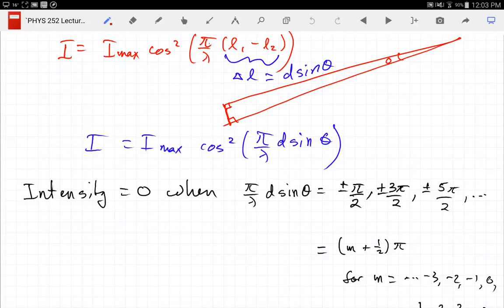I would need to find when cosine squared is a maximum. So what angles give you a maximum for cosine squared? If it's maximum for cosine squared, what is it for cosine? 1 or negative 1. So we're looking for the angles that would give us 1 or negative 1 if it's going to be a maximum. What angles give us 1 or negative 1 for cosine? 0, pi, 2 pi, any integer multiple of pi.